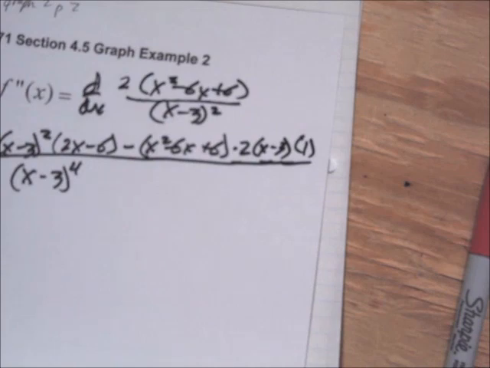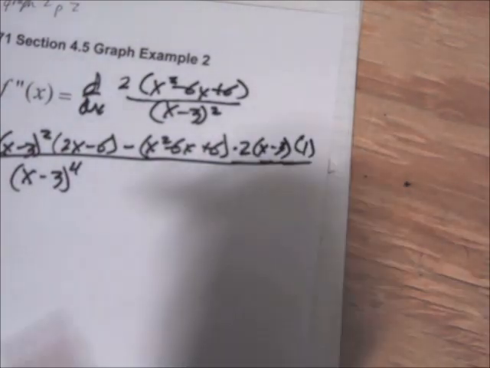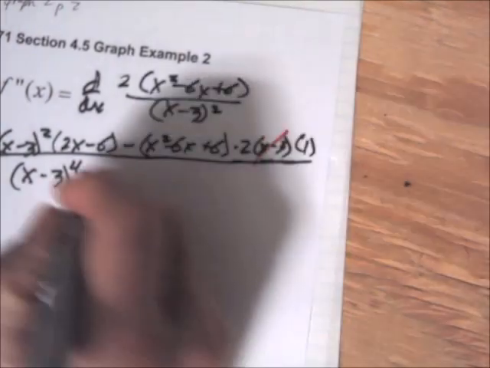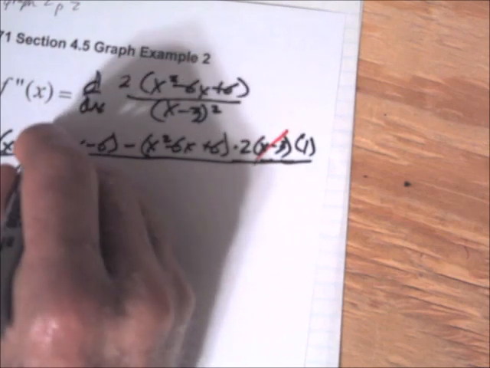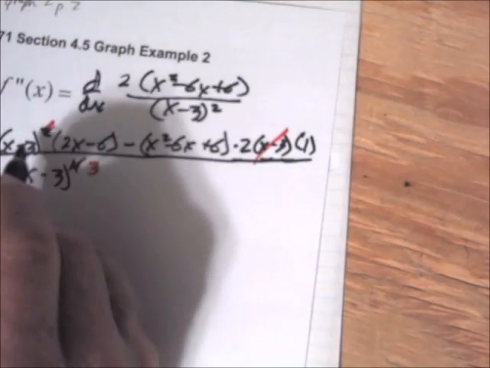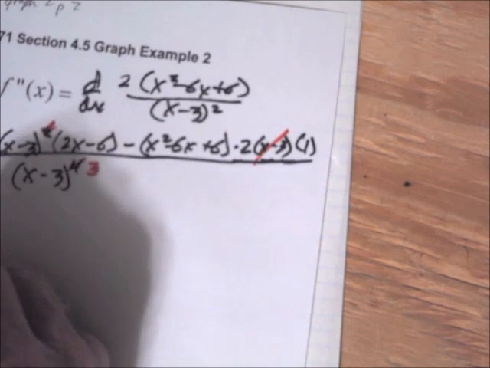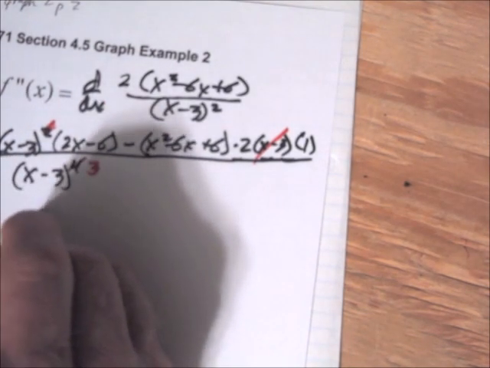Okay, so we have a common factor of (x minus 3), so we can factor that out. This (x minus 3) will cancel here. This exponent goes down 1, and this exponent goes down 1. And then we can distribute: 2x times x is 2x squared.